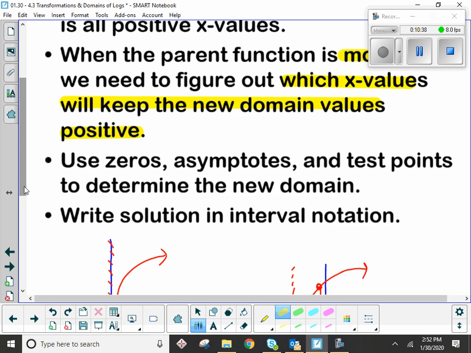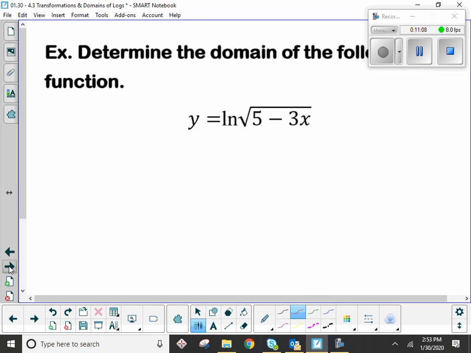We are going to do those things. I'm not going to call it zeros and asymptotes while I'm doing it, but the basic ideas will still be there. I will be talking about test points. And then we're going to write our solution in interval notation. Interval notation is where you have parentheses, your left endpoint, your right endpoint, and you have either parentheses or brackets, right? That's interval notation. So these are the things we're working with today. But no pictures. Instead, we just are going to have an equation.